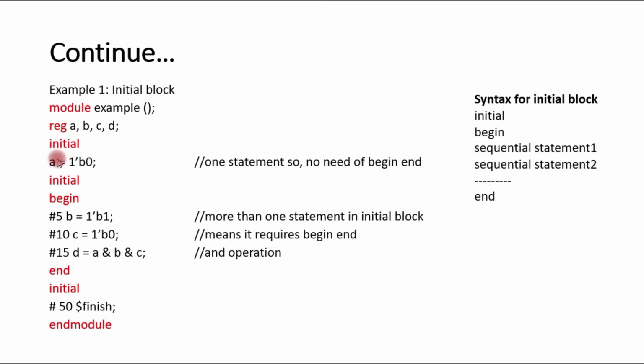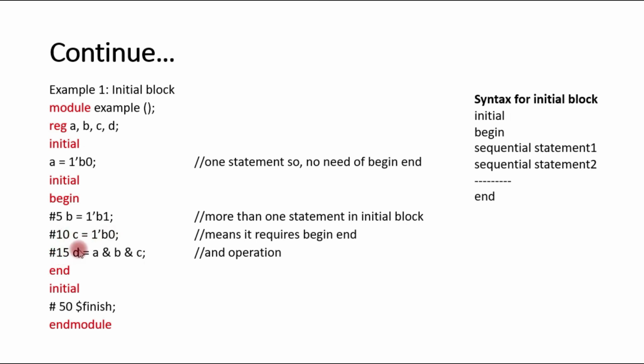In the first initial block, we are defining the variable A at time t equal to 0 without any delay value. In the second initial block, there are 3 sequential statements, therefore we are using begin and end statements. Here the value of B is 1. C is defined after a time delay of 10 time units. It means when the total time is 15 time units, C is at logic 0.